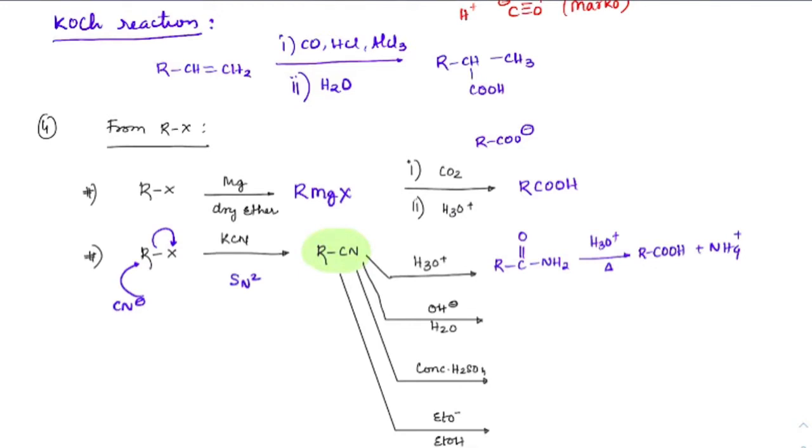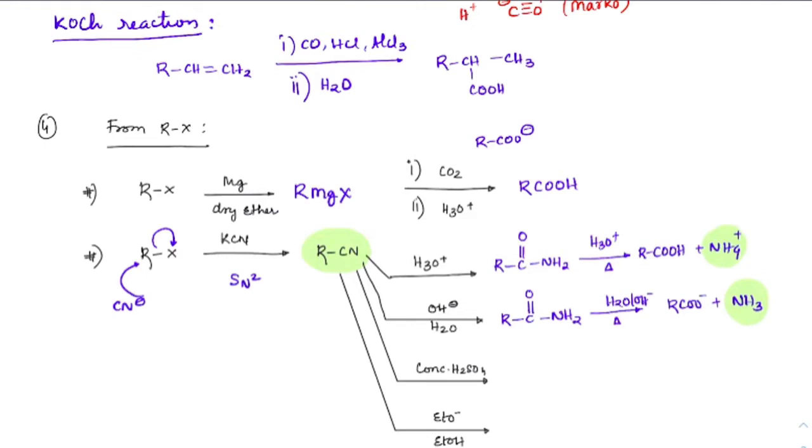But if it is in basic medium, first you will get amide formation. In both the cases, the intermediate is the same. Then on heating, in the presence of OH-, you get RCOO- plus NH3. So see the difference in acidic medium and basic medium. The intermediate is the same. The product, one would be ammonium, one would be ammonia.